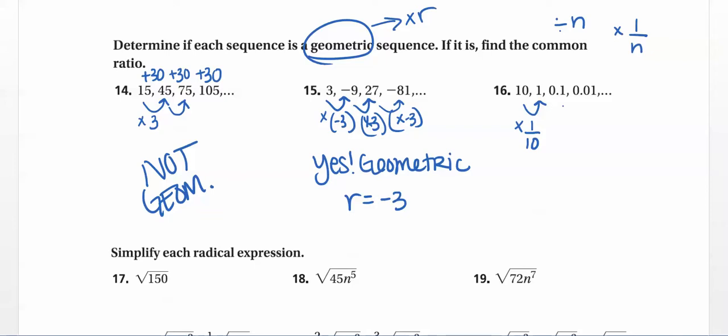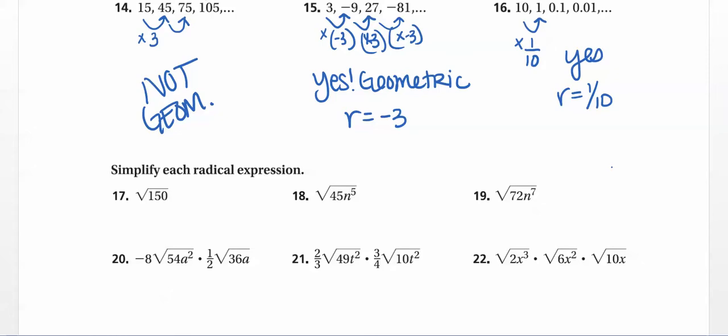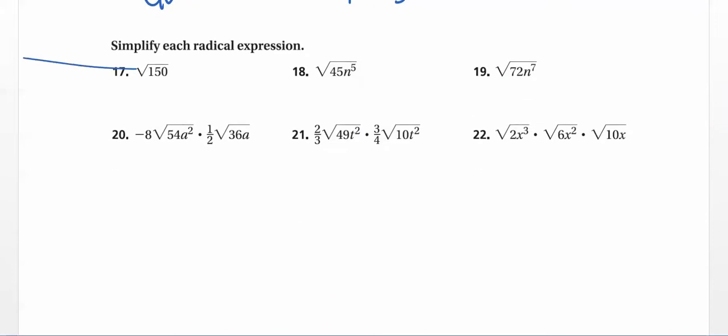So if I multiply each of these by 1/10th, it will basically be like dividing by 10. So this is yes, and r is equal to 1/10th. Or as a decimal, you can write that as 0.1. Same thing.